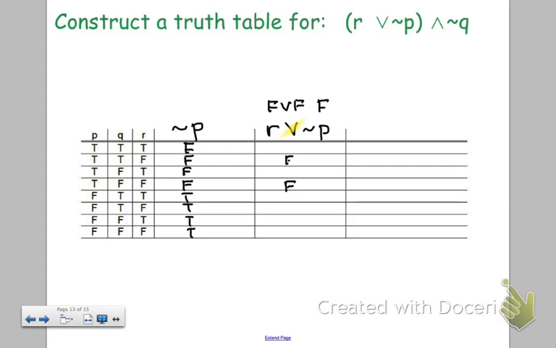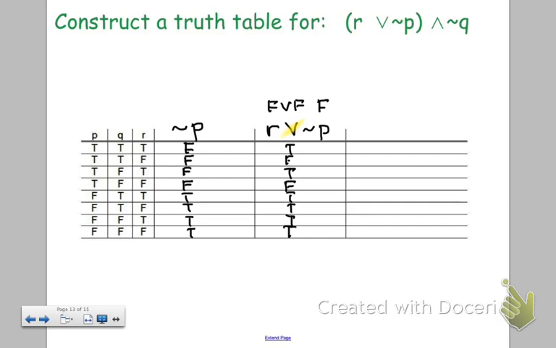The 1st, the 3rd, the 5th, 6th, 7th, and 8th will all be true. So my 5th column, R or not P, going down by the row is true, false, true, false, true, true, true, true.